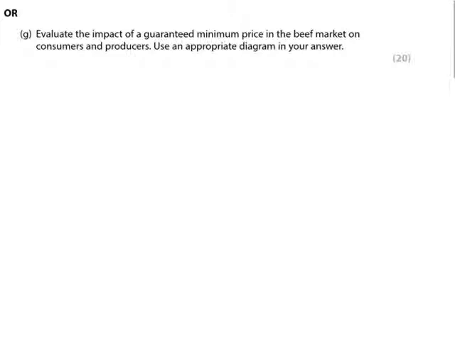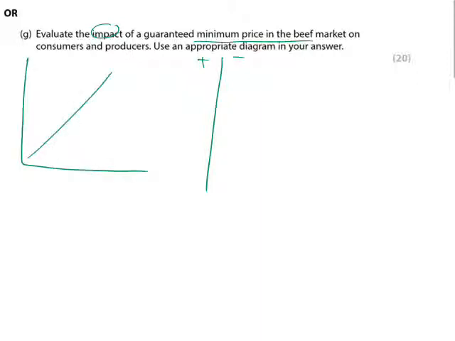Okay. The last question is the one about a minimum price for beef. So again, two sides here, an impact. We're going to be looking for positive and negative. Within the graph itself, you have the positive impact of that minimum price to the producer.